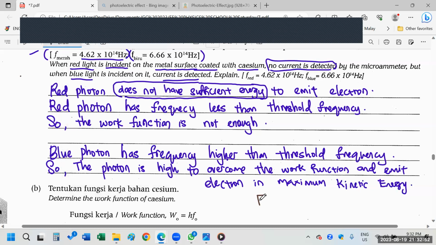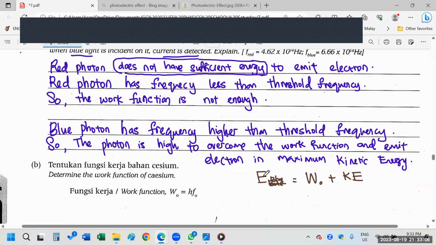Okay, so we say E of blue equals work function plus kinetic energy. So E of blue may be 15 joules, equals 4 joules of work function plus 11 joules of kinetic energy.